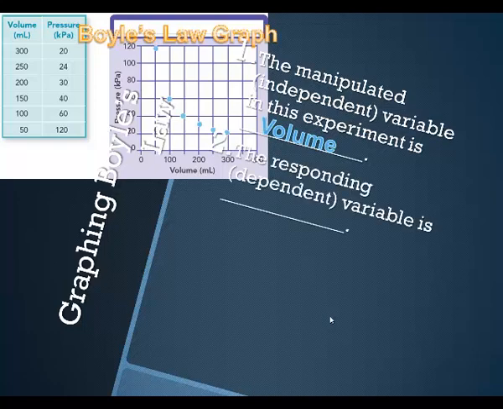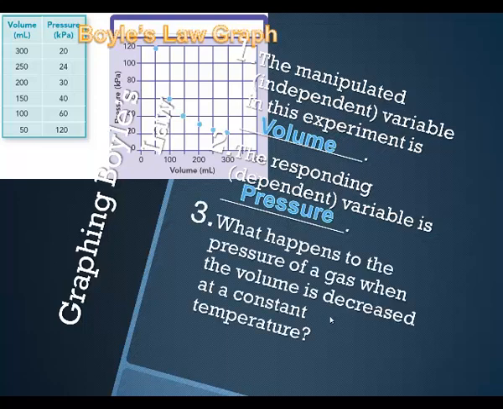The responding variable, or the dependent variable, the thing that was changed based on the independent variable, is pressure. So applying that, what happens to the pressure of a gas when the volume is decreased at a constant temperature? The pressure increases.